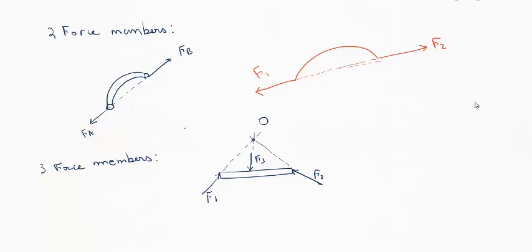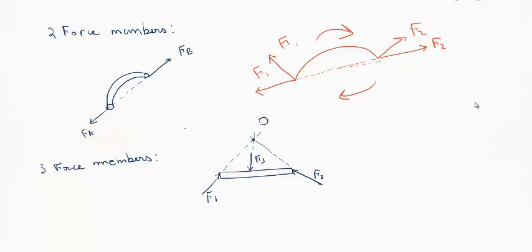So if we look at it over here, otherwise if we have F1 like this and F2 like this, the body can be rotating in this direction or in this direction depending on the magnitude. So again, this can help you if you're solving a problem with only two forces. You know directly that they have to be aligned.